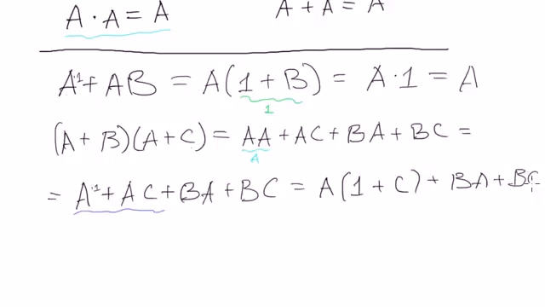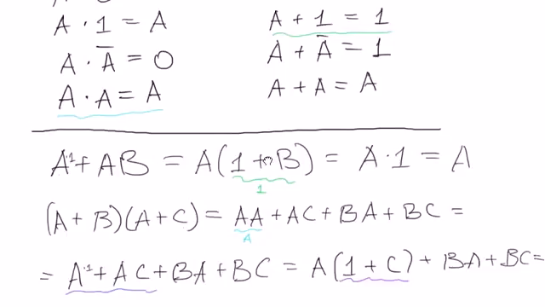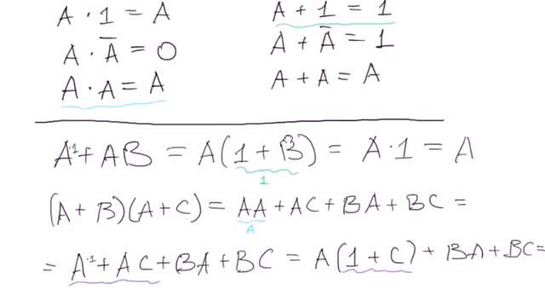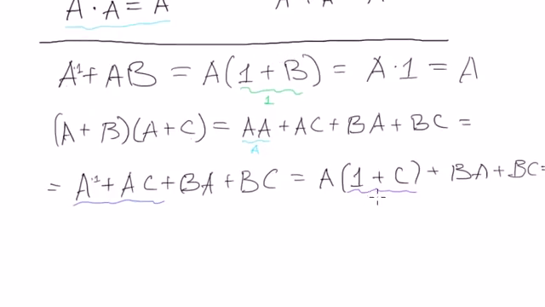plus bc. As you can see, this particular one should look familiar to you. We did the same thing with this problem. We know that some variable plus 1 in Boolean algebra will always equal 1, as the rule says. So we know that this expression inside brackets is 1.